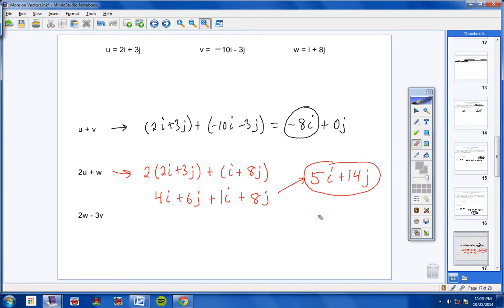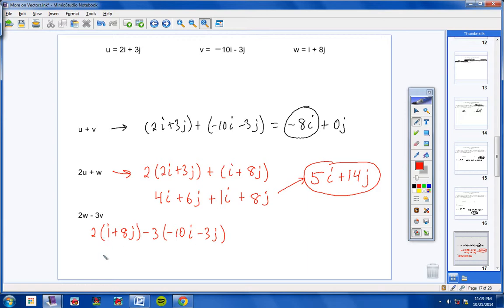Pretty simple. And the last problem here, 2w minus 3v. So 2 times w minus 3 times v, and v would be negative 10i minus 3j. Okay, so here we go.